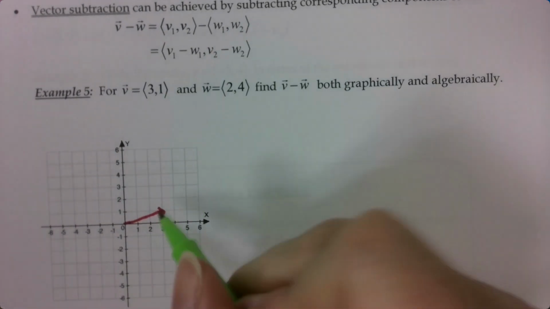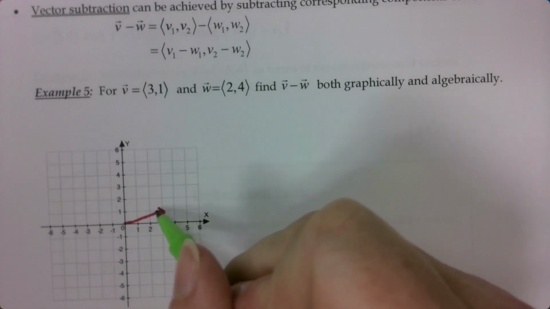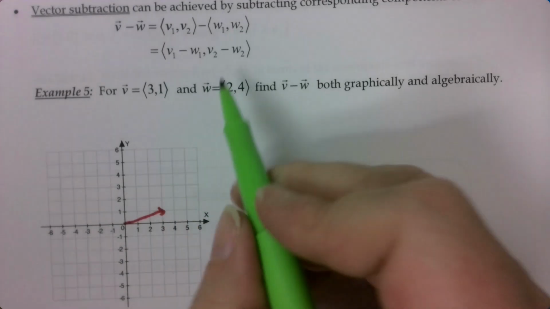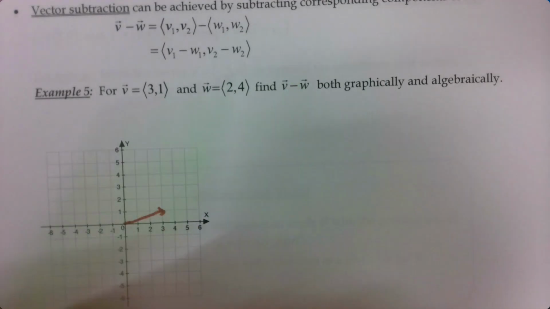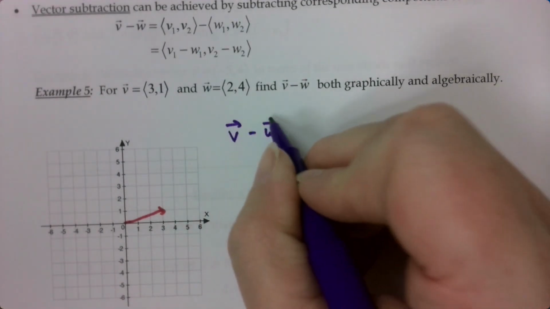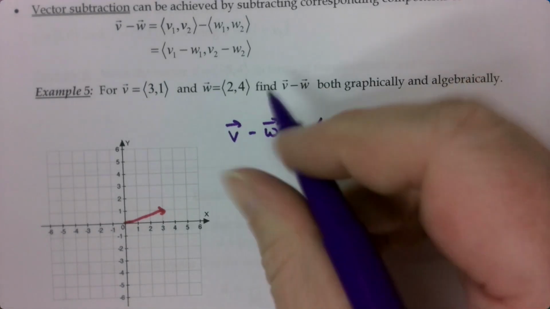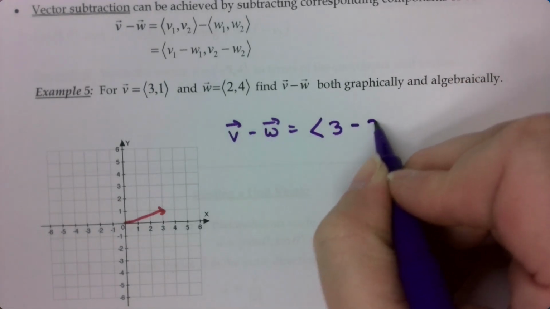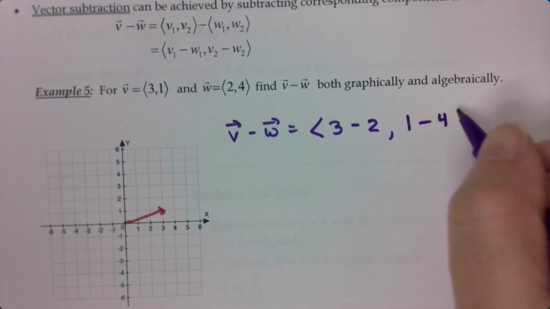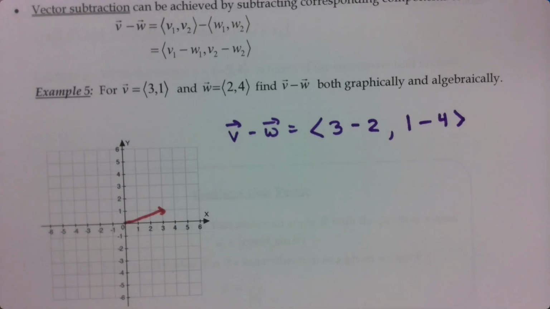So instead of going over 2, up 4, because you're going to subtract it, it's going to become negative. Let me show you. So v take away w would be 3 take away 2 and 1 take away 4. So you're going to subtract. So they're both going to become negative.